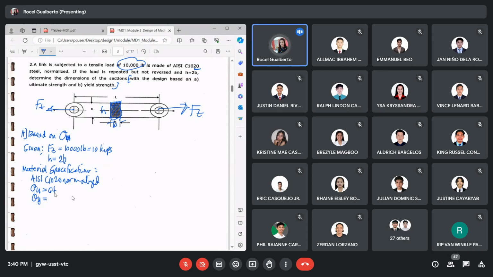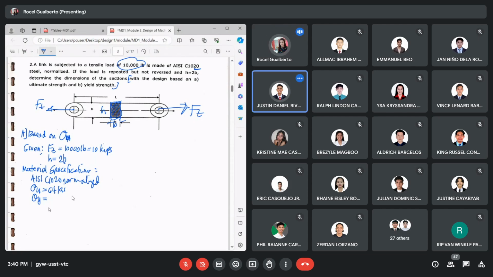Mali po yung kips. Ano po dapat ito? 64 KSI po. KSI. Okay, the other one nga. Ano nga ulit ito, Justin? 54 KSI po.